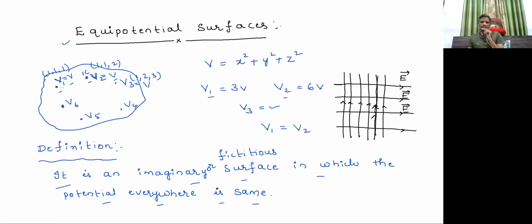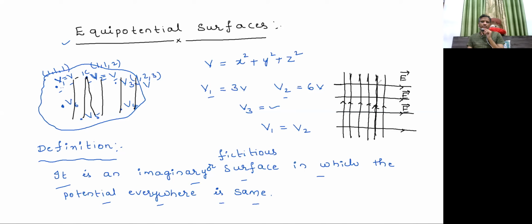In these equipotential lines, we have already seen that if you try to move 1 coulomb of charge from one point to another, the work done required is 0. Not only vertically, horizontally is also 0. But here I will consider these as the equipotential lines, and these as the electric field lines, right?